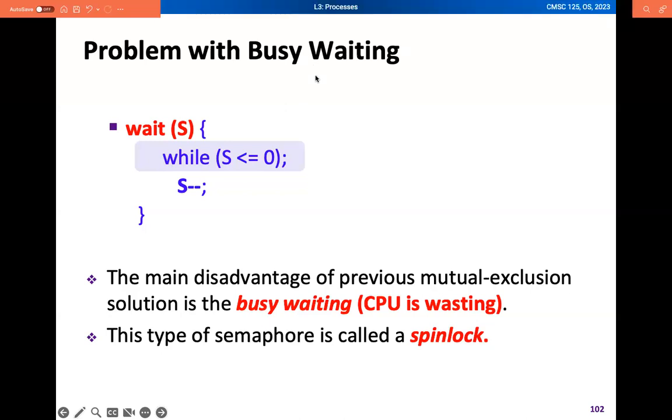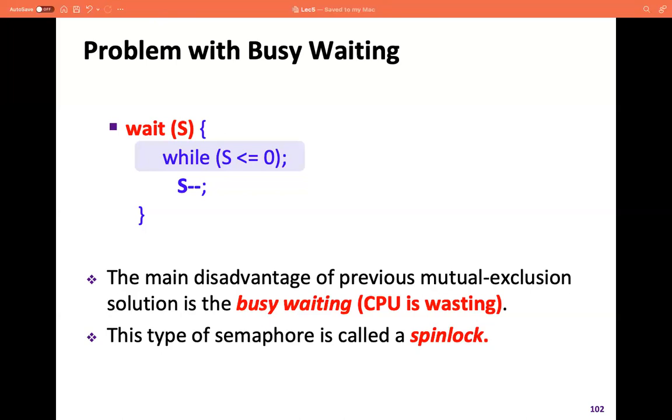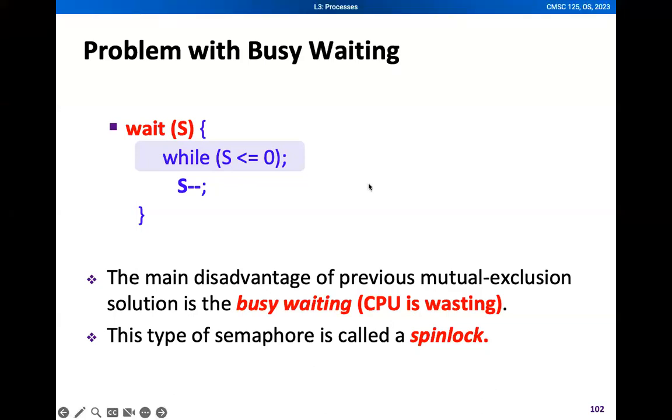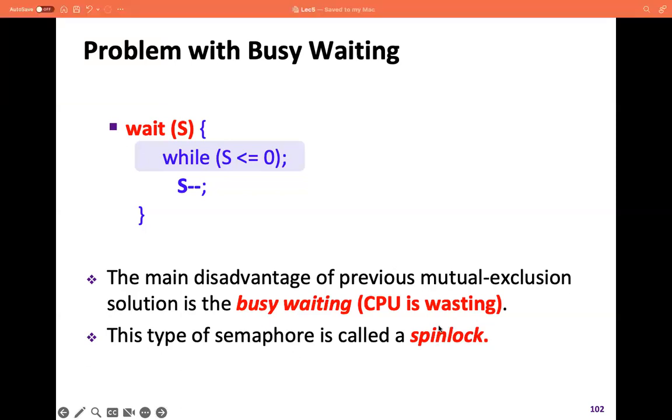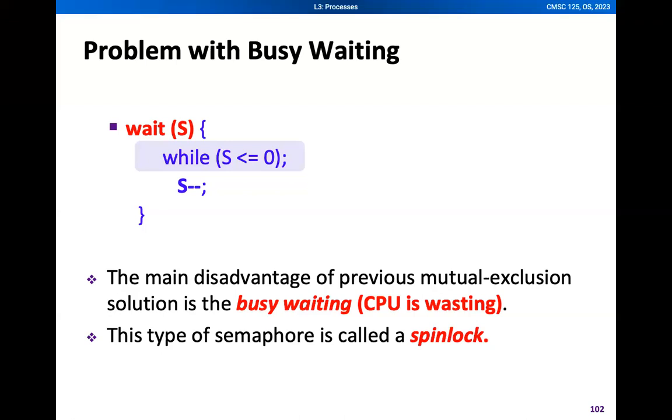The continual looping is actually a problem in a real multi-programming system, wherein a single CPU core is shared among many processes. Busy waiting also wastes CPU cycles that some other process might be able to use productively. This is actually called a spin lock, because the process spins while waiting for the lock to become available.